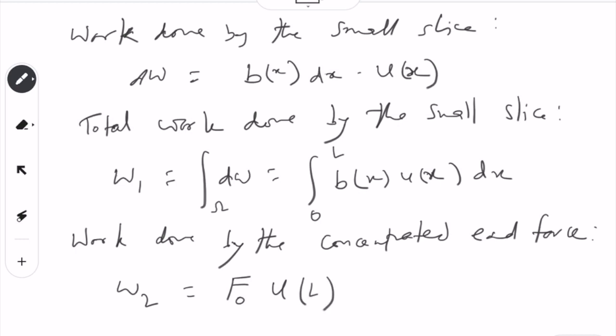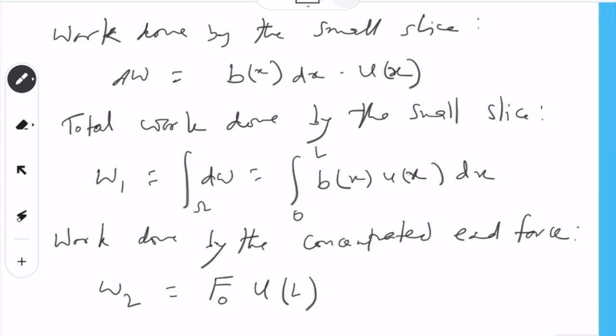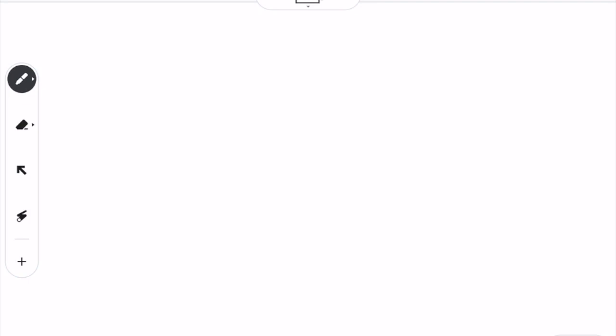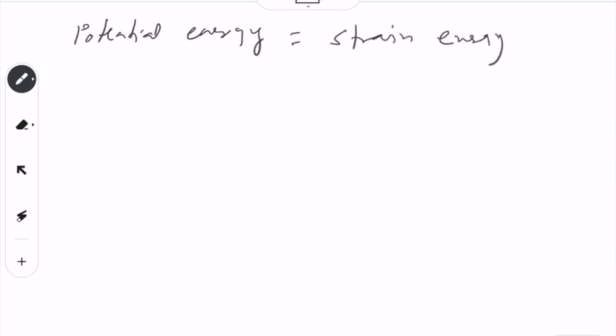Now we have the strain energy, we have the work, and we can now write the equation. So what equation do we have? We know that potential energy is equal to strain energy minus work done.